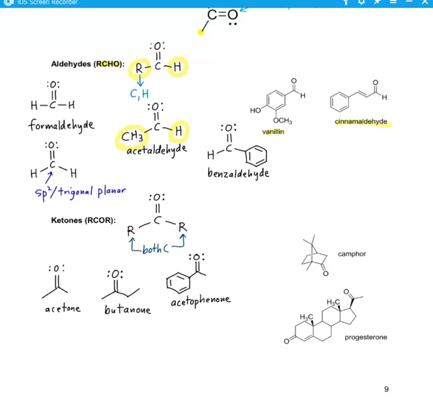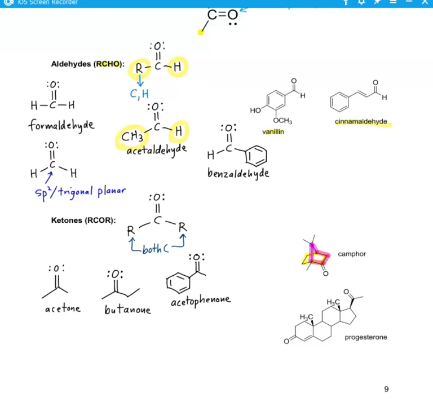So the first one is called camphor, and that has a pretty unusual structure. What I've highlighted is a 6-membered ring, but then it also has another ring that's here.